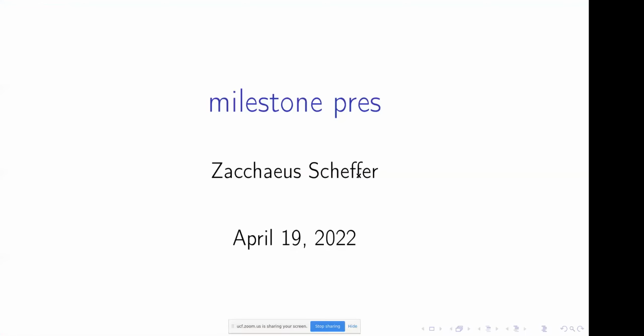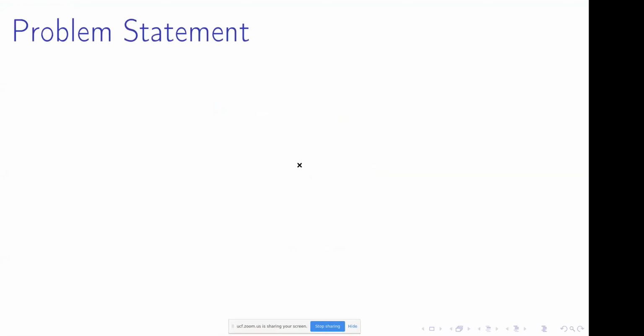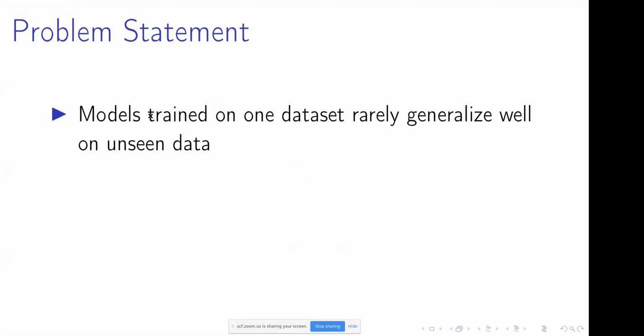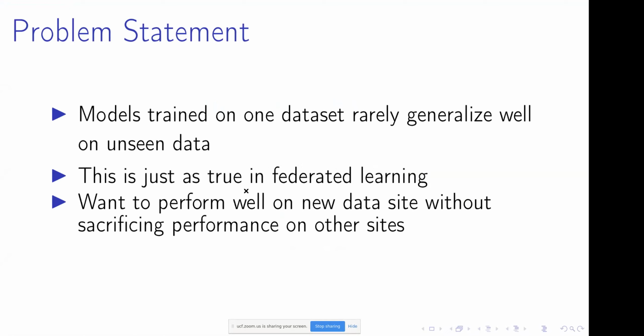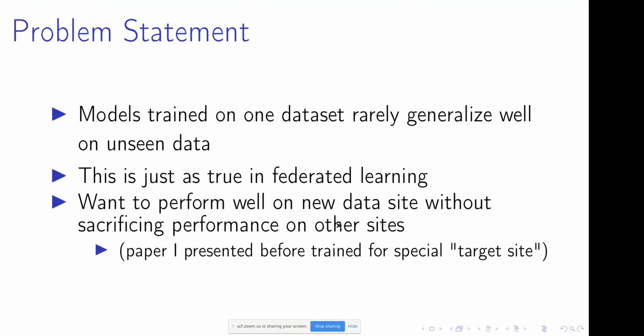All right. So the problem that I was trying to address: models that are trained on one data set rarely generalize well on unseen data. This is just as true in federated learning. And so I want to perform well on a new data site without sacrificing performance on other sites.